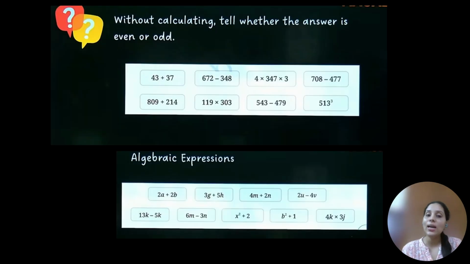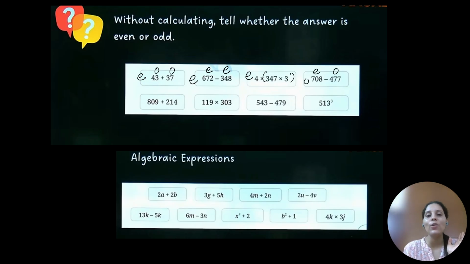Next, without calculating, tell whether the answer is even or odd. This is, sorry, odd plus odd. Same parity, even. Again, same parity, even. Now, 4 is an even number. What did we see? Even multiplied by anything always gives you an even number. This is even, this is odd.